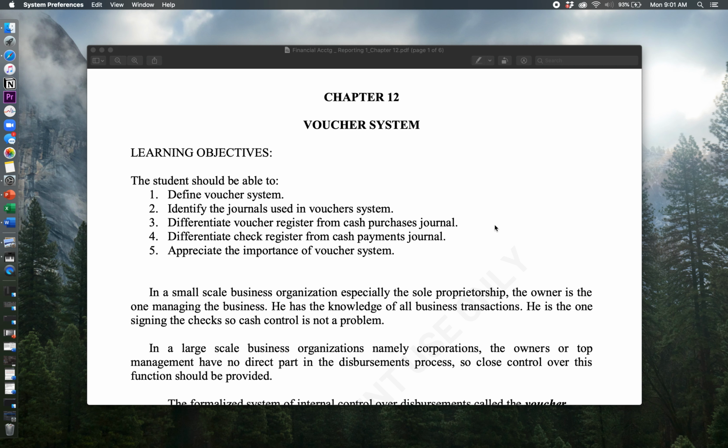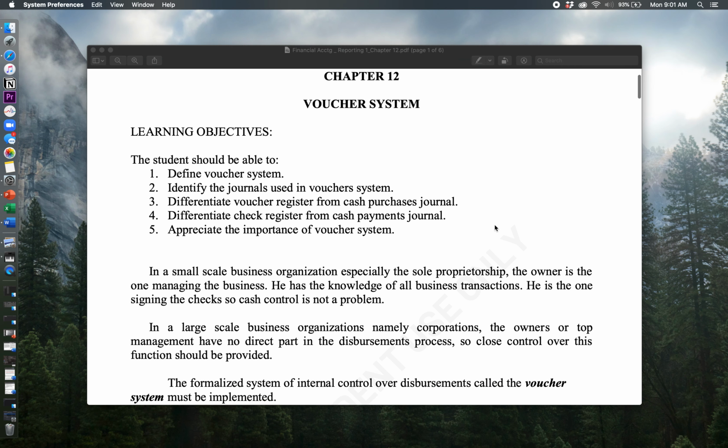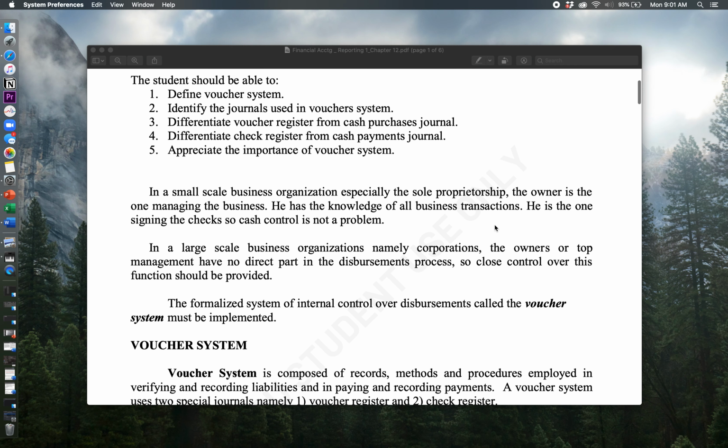And also number 3, i-differentiate natin kung ano ang voucher register from cash purchases journal. Diba? We already discussed yung mga special journals. Also differentiate the check register from cash payments journal. Also, we would appreciate the importance of the voucher system.